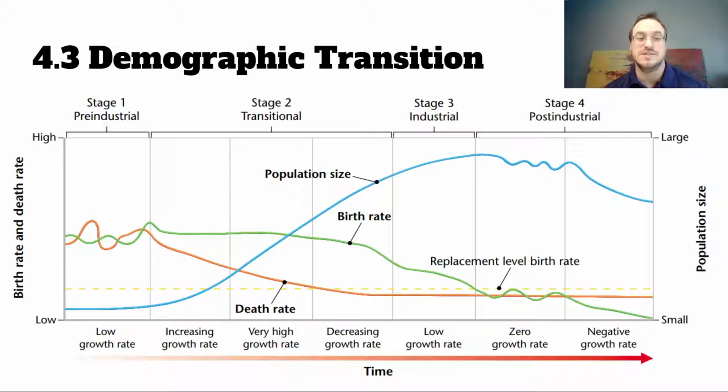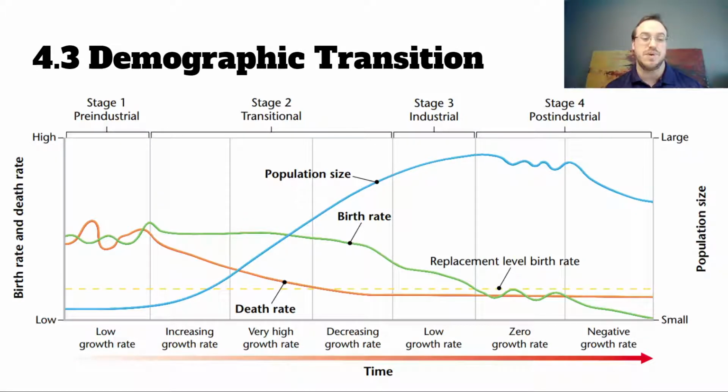So the stage one here is pre-industrial. So before the Industrial Revolution, before machines, before being able to automate some things, we see these different lines kind of tangled in a mess, right? So this blue line is population size.